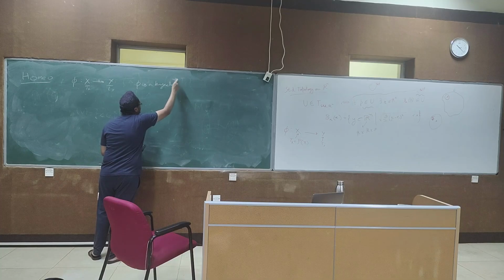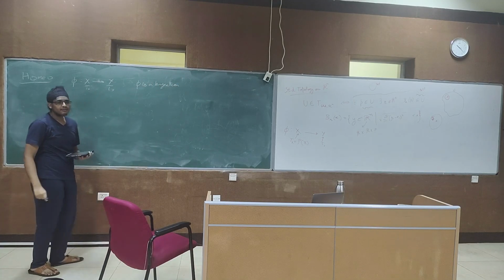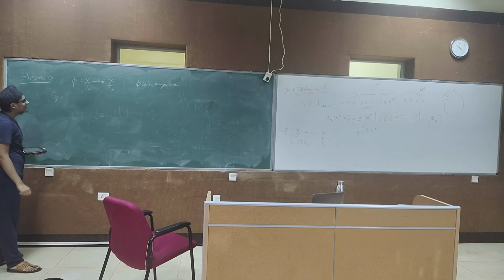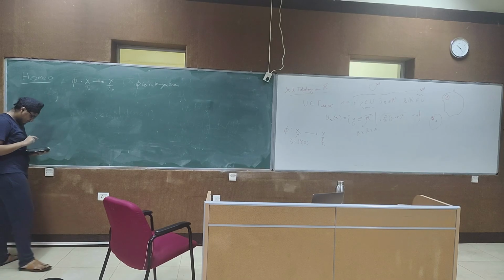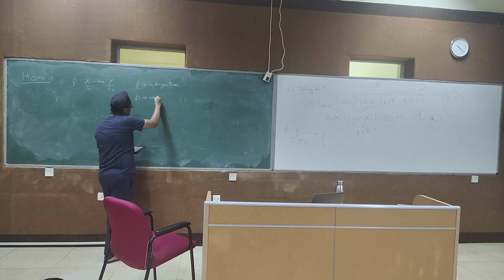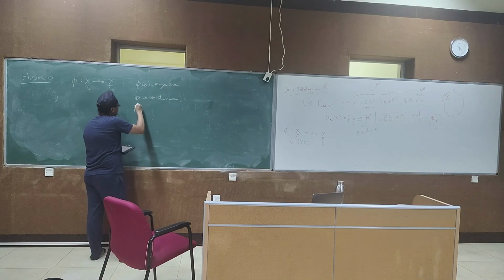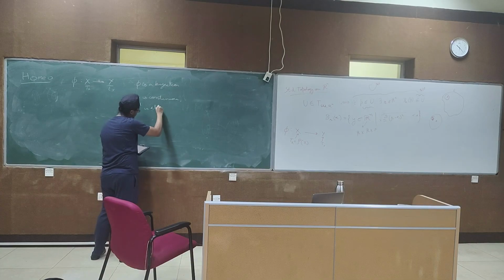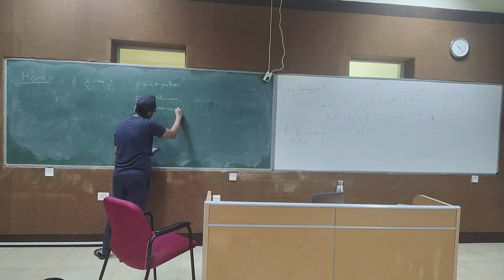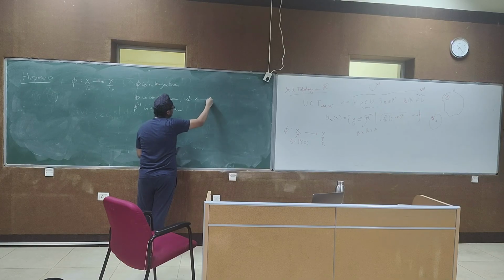So phi is a homeo when phi is a bijection, phi is continuous, and phi inverse is also continuous. So phi is a map from set X to Y, and phi inverse is a map from set Y to X.